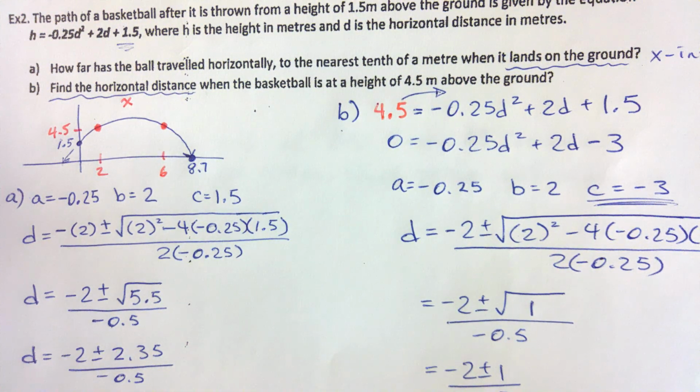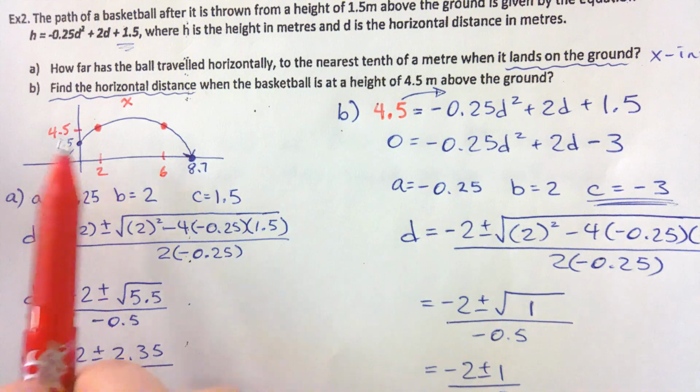Ethan? The vertex. And there are two ways that we can look for the vertex now. What's one way? Plugging in the x-intercept is not going to help me find a y. Yeah. 0 plus 8 divided by 2.